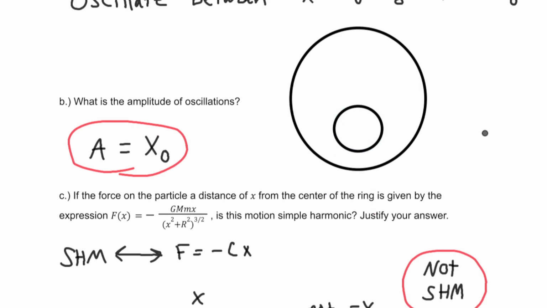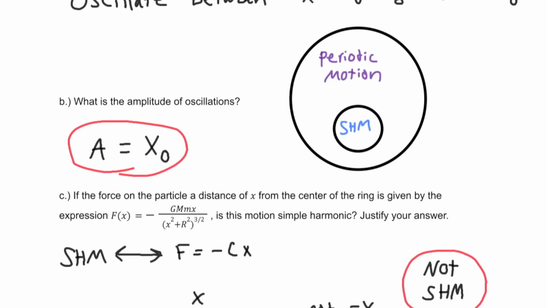periodic motion. So if we draw ourselves a little Venn diagram here, periodic motion would go up here, and SHM is a very special case of periodic motion. It's like the rectangle and the square.